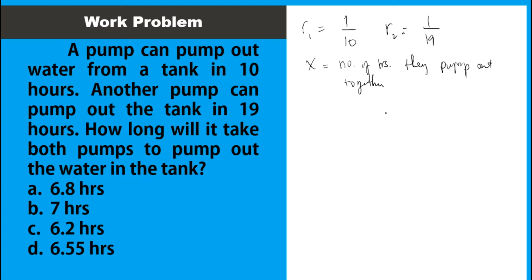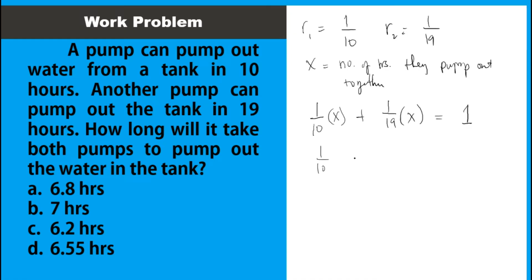That must be equal to one complete job. So you have 1/10, the rate of pump 1, times the number of hours they work together, plus 1/19, the rate of pump 2, times the time they work together, equal to one complete job. So we apply the principle that rate times time of doing work must be equal to one complete job.